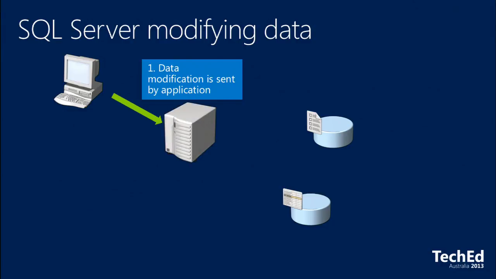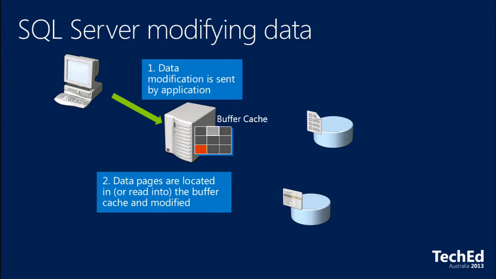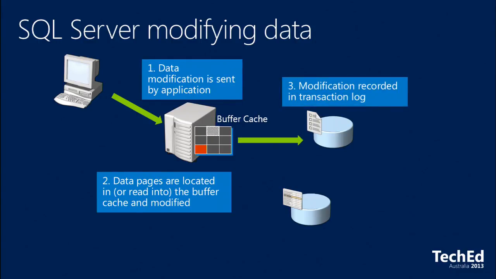Now, when SQL Server modifies data, we again find the page, make sure it's in memory, then it's changed and latched, so there's a latch saying, hey, this has been modified. What's written out to the log then are details of the change that occurred. People get the idea it's like the SQL statement written out.